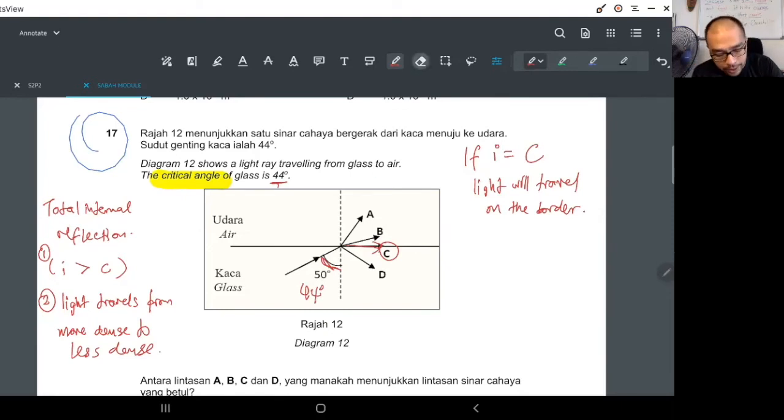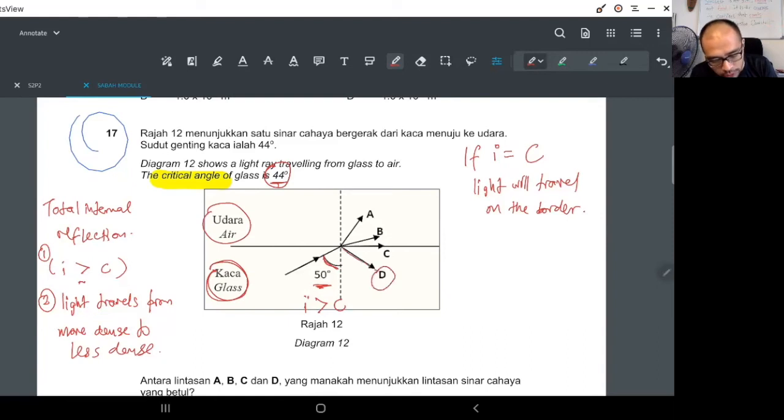But in this case, our critical angle is 44, but the incident angle is 50. So the incident angle is more than the critical angle, condition number one. Condition number two, the light wants to travel from more dense into less dense. Once it fulfills these two conditions, D is our answer.